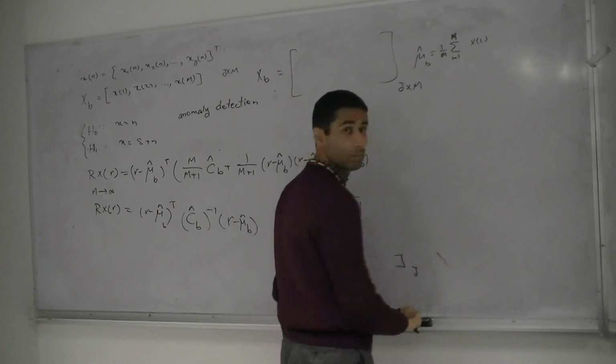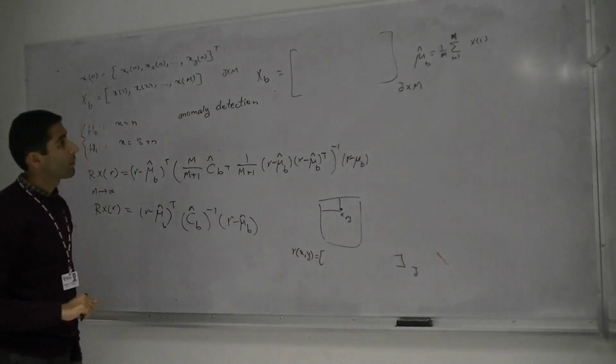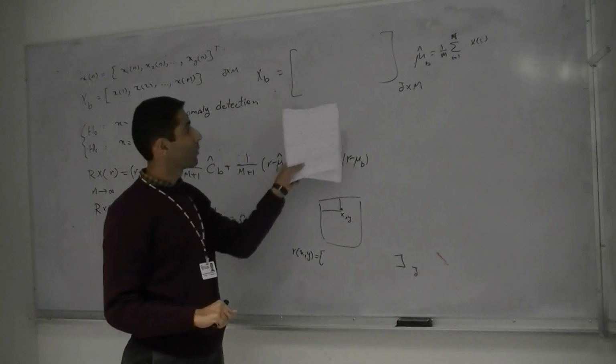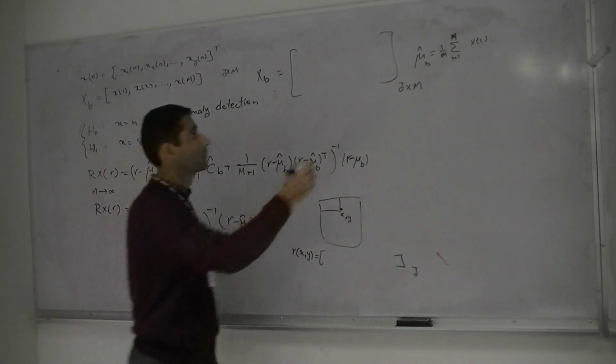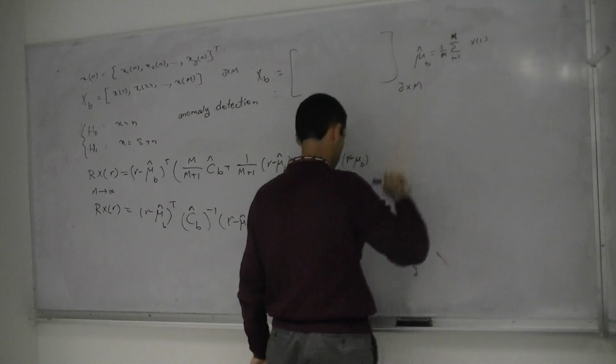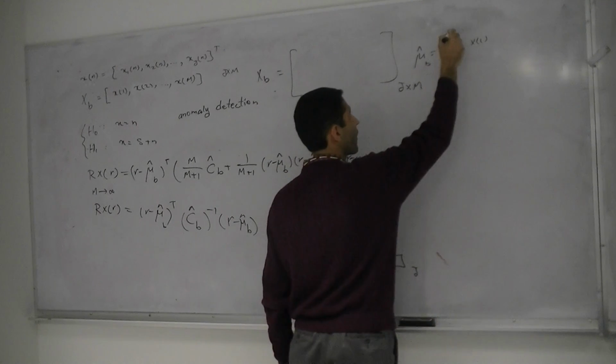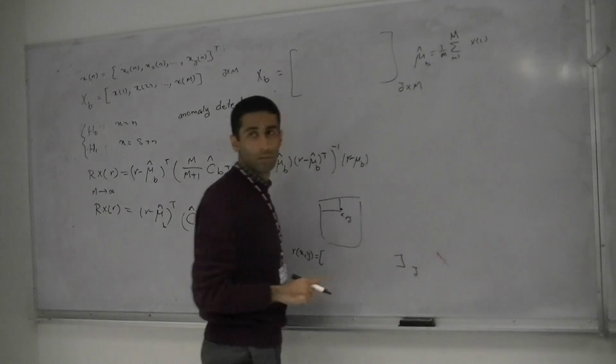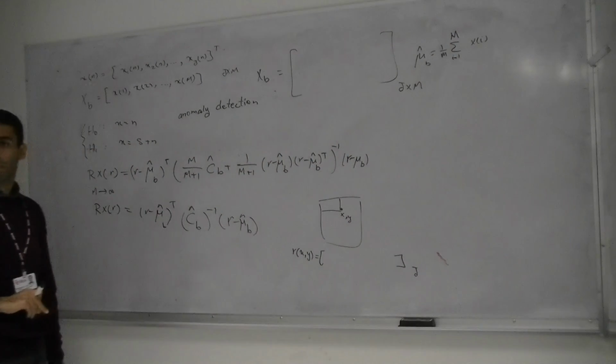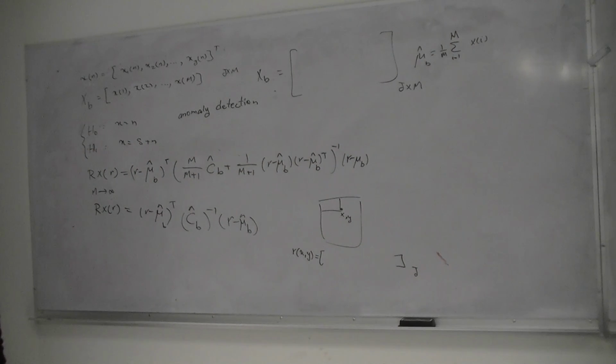What's the M here? The capital M? M is all of the inputs, all the pixels. For example, here it is 9.